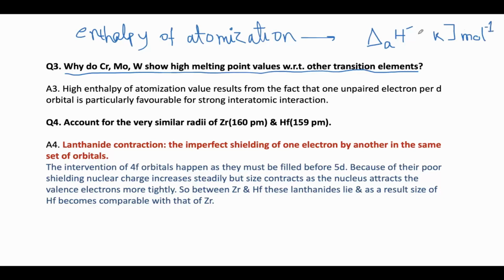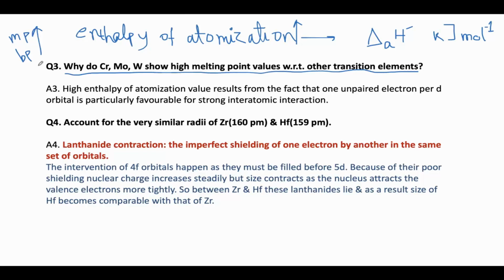Now if this enthalpy of atomization goes up, then the melting point and the boiling point of the element will also go up. So the melting point or boiling point of the elements is directly proportional to the enthalpy of atomization.